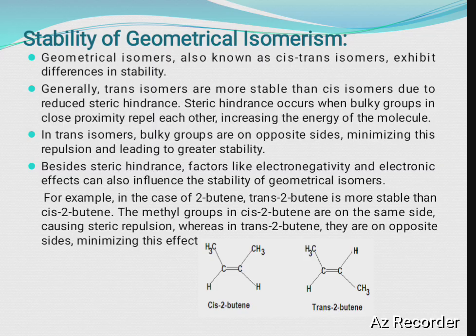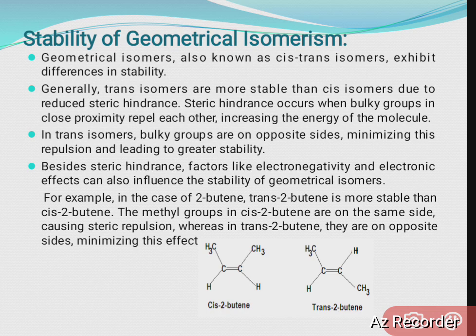Generally, the trans isomers are more stable than the cis isomers due to reduced steric hindrance. Steric hindrance occurs when bulky groups in close proximity repel each other.